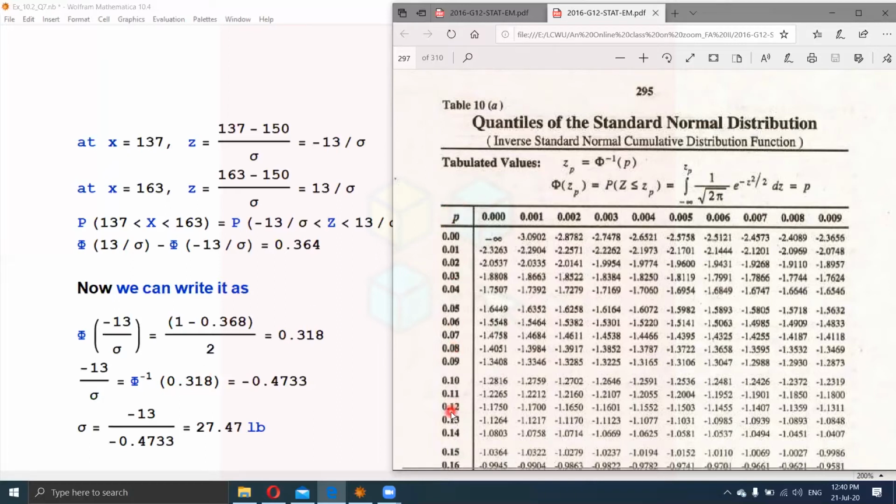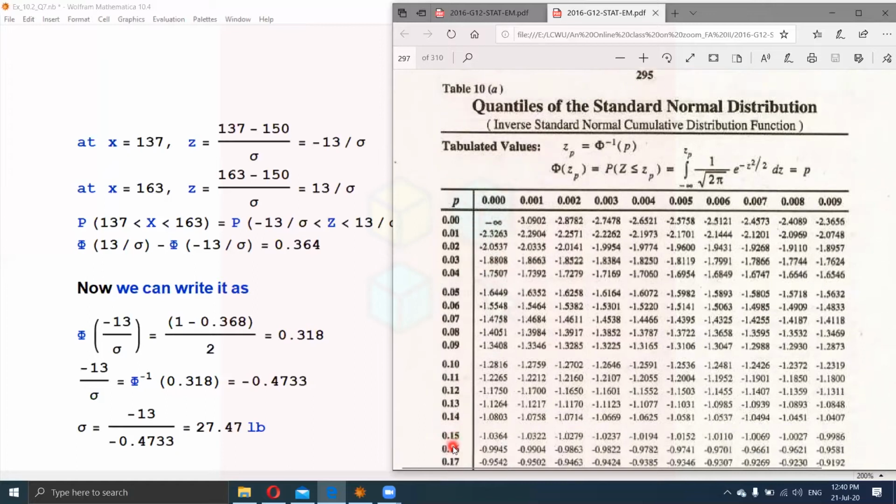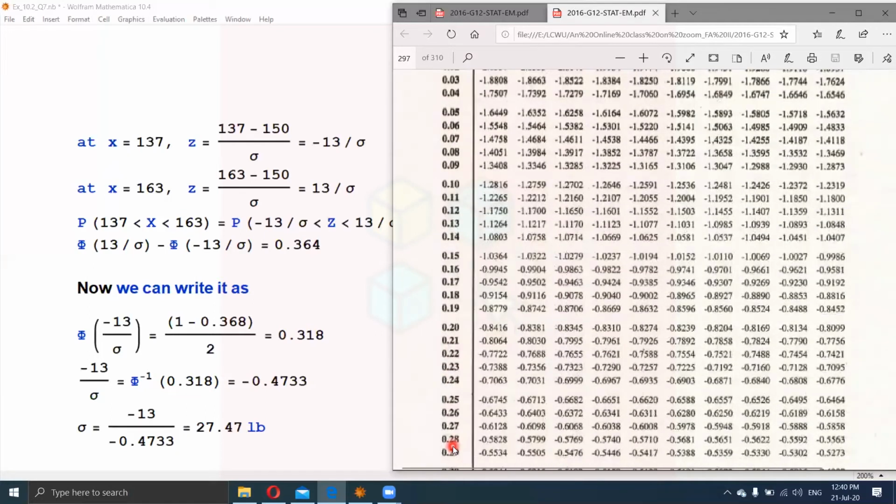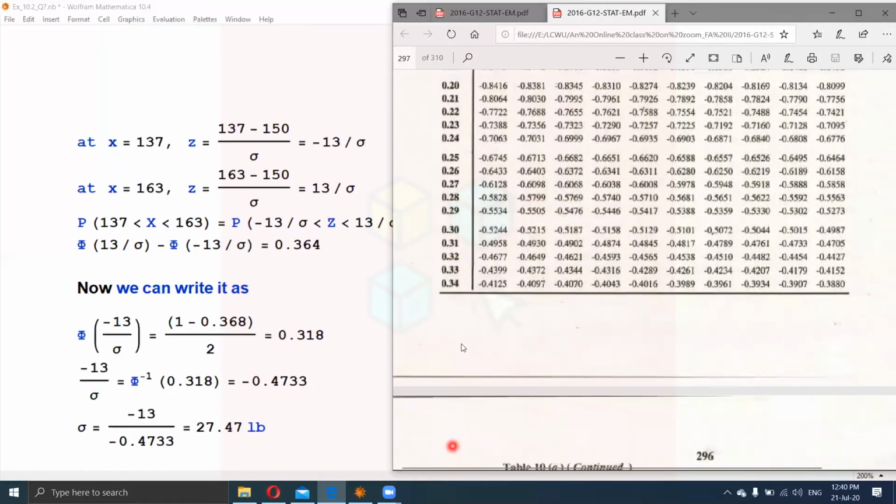So 0.318 is downwards, it's 31, and corresponding value under the column of 8, this one is minus 0.4733. So this is our value.